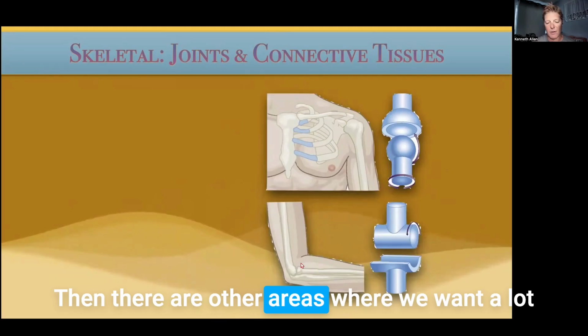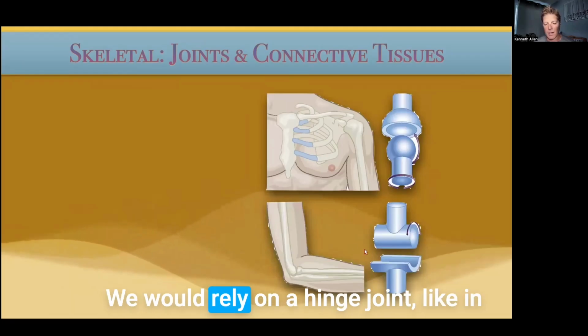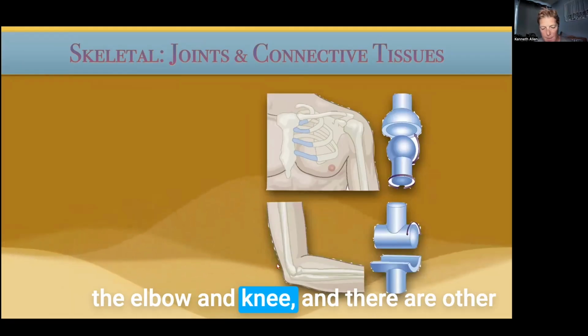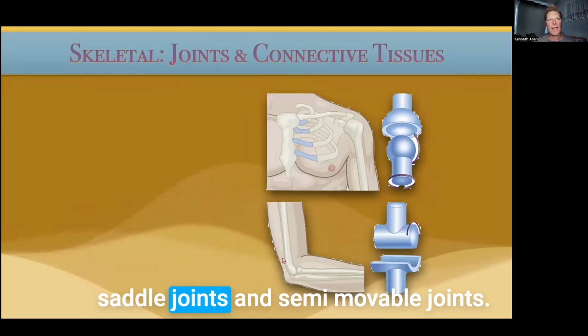Then there are other areas where we want a lot of strength and don't require a lot of movement. We would rely on a hinge joint like in the elbow and knee. And there are other joints that occur in the thumb, in the jaw, saddle joints, and semi-movable joints.